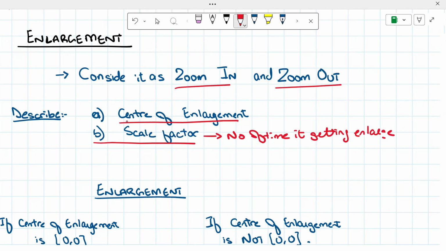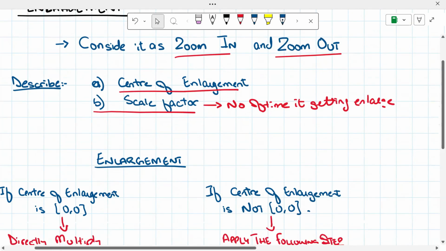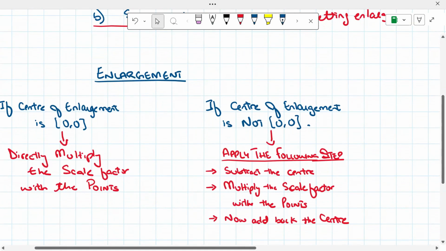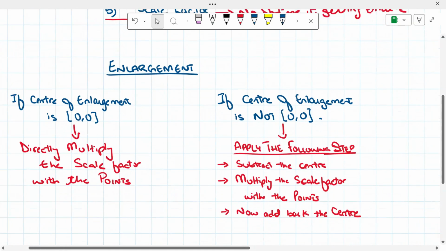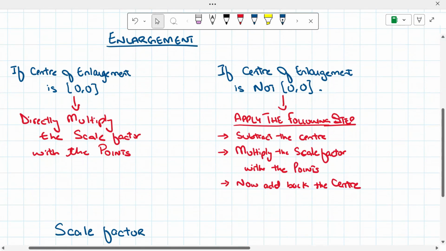Now moving on to the second thing, enlargement. In the previous topic, rotation, I discussed two basic things: if the center is zero and if the center is not zero. The same concept applies over here.